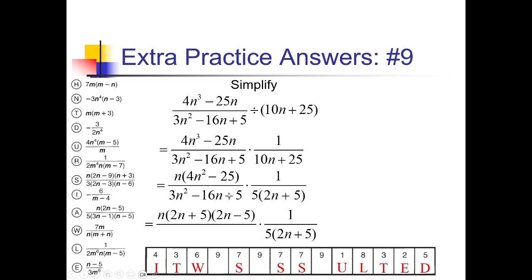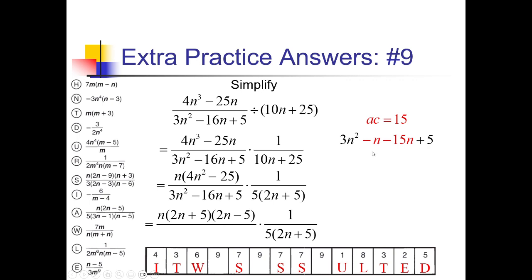3 times 5 gives me an AC value of 15. So I need factors of 15 that add up to negative 16. Well, 1 and 15 works if they're both negative. So let me split this negative 16n up into a negative n minus 15n. Now that I have 4 terms, let me use some grouping.